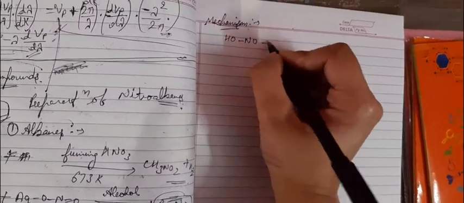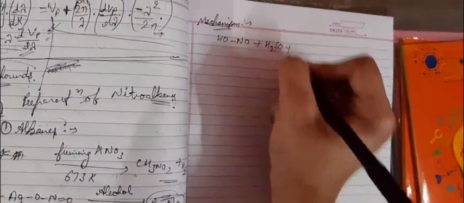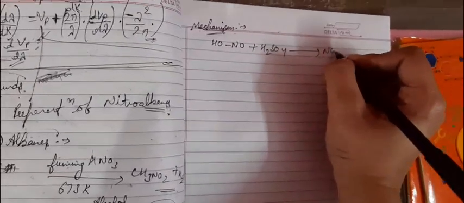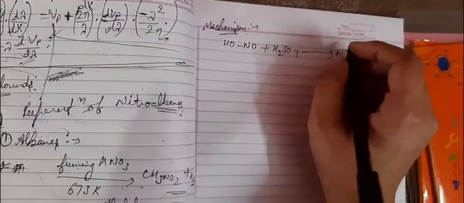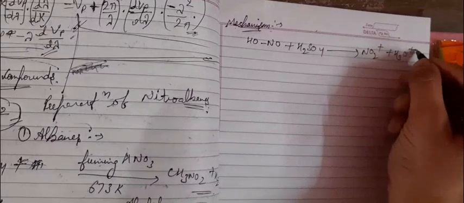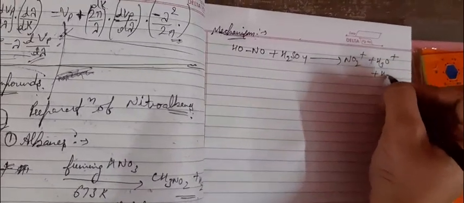That is, from HNO3 plus H2SO4, the required electrophile is nitronium ion, plus H3O+ plus HSO4-.